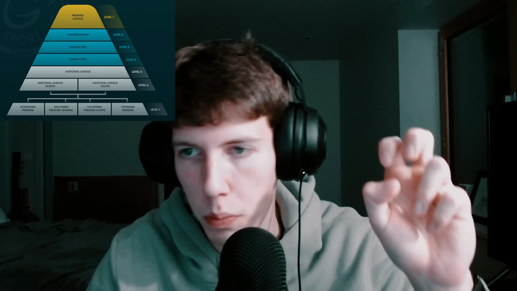The system begins with the top tier, the Premier League at level 1, followed by the 3 divisions of the English Football League, as I've just explained, the top 4. And below this professional level is non-league football, starting with the National League at level 5, and many subsequent regional leagues continuing the structure all the way down to grassroots level.